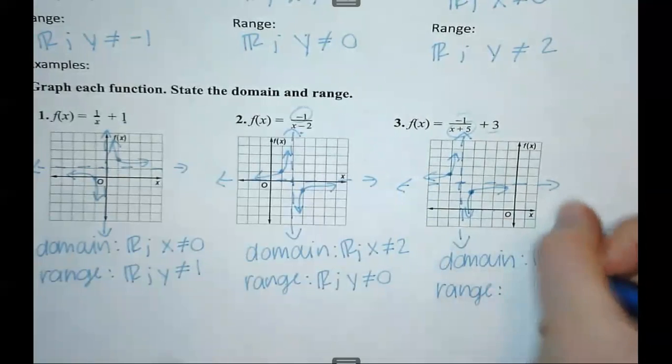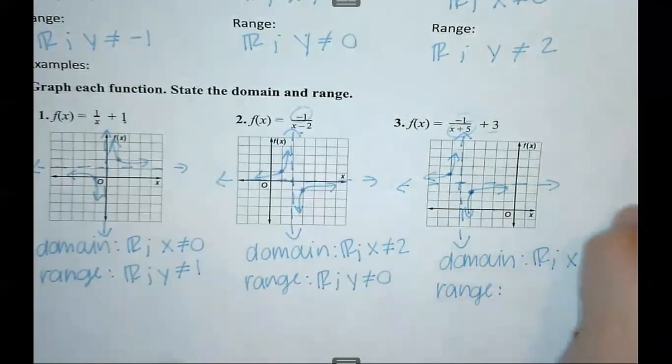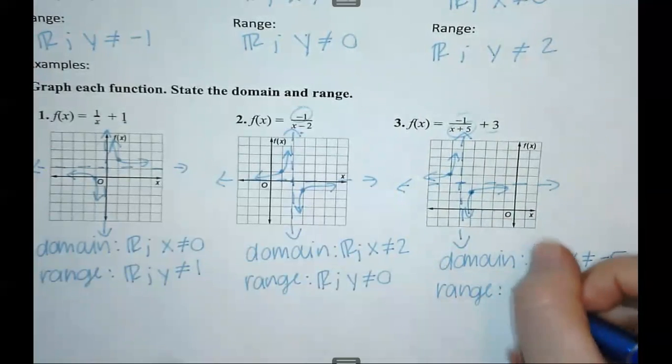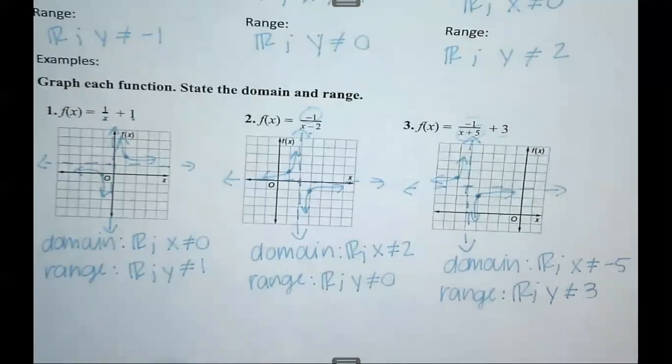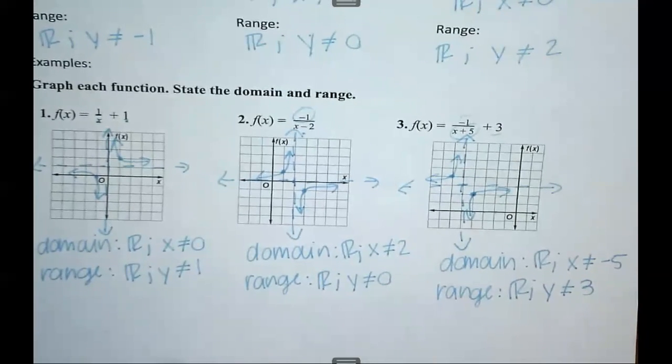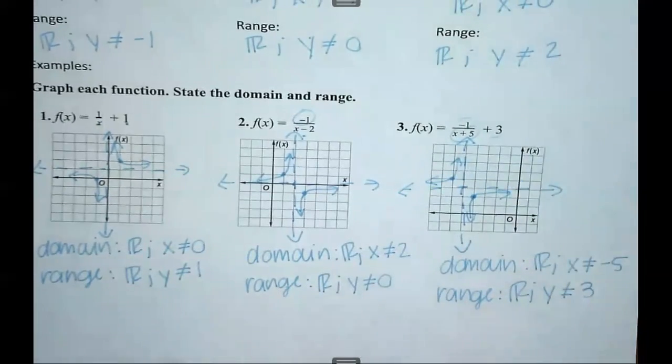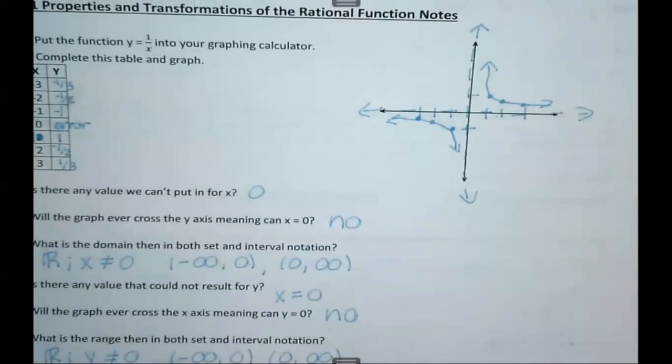So our domain should be all reals except at our vertical asymptote, which is at -5. And our range should also be all reals except for our horizontal asymptote, which is at 3. So remember, all of our changes are being made to our parent function that looks like this.